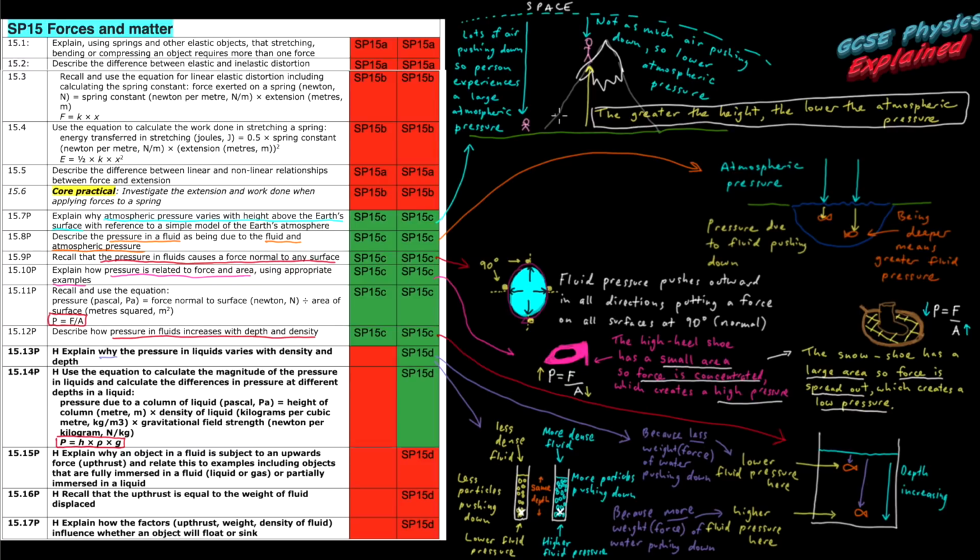The higher that you go up the mountain, you're going towards space, there's not quite as much air above your head as there was when you were lower. So if there's not as much air pushing down on you, there'll be a lower atmospheric pressure. So in other words, the greater the height, the lower the atmospheric pressure.